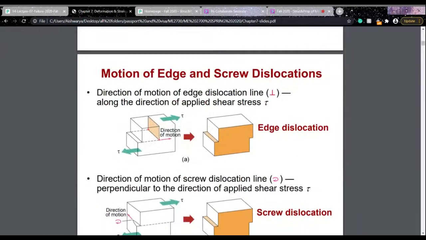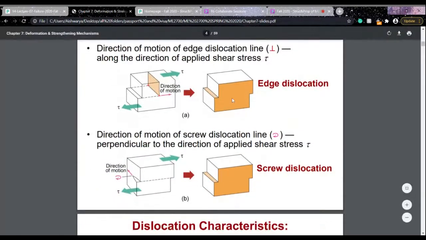Here you have the figure for edge dislocation and screw dislocation. In the edge dislocation, the shear stress is in this direction and the direction of motion of the dislocation is in this direction. So the dislocation line and the shear stress are both parallel to each other in edge dislocation, whereas in screw dislocation, it is like the shearing of two planes.